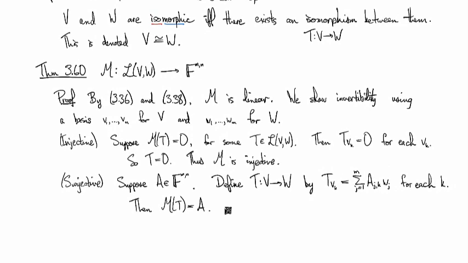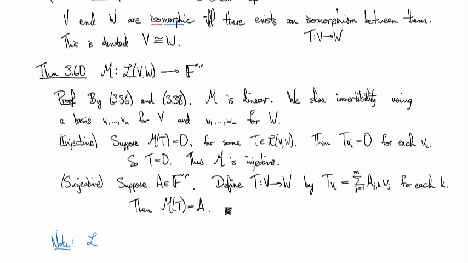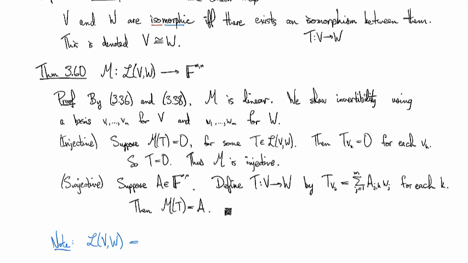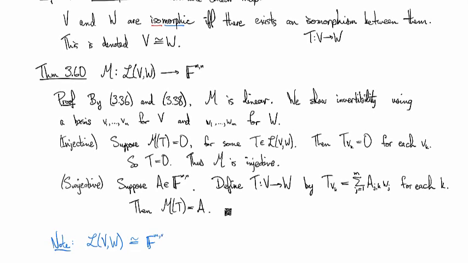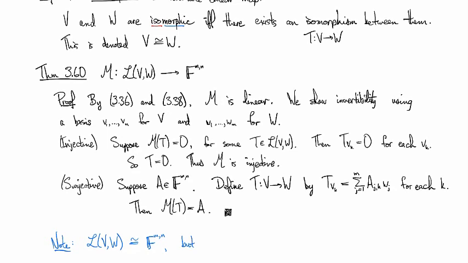I just want to take a moment to point out that even though the linear transforms from V to W is isomorphic to F^(M by N), there's no God-given way to set up the correspondence.